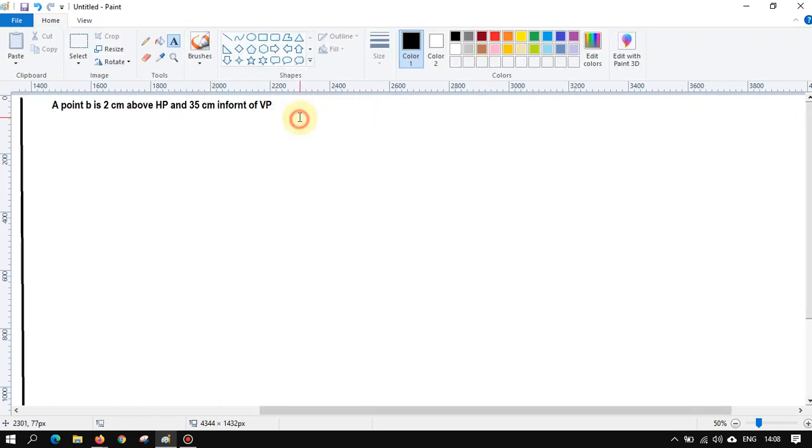So what is written over here? A point B is 2 centimeter above HP and 35 centimeter in front of VP. You have to draw the projection.